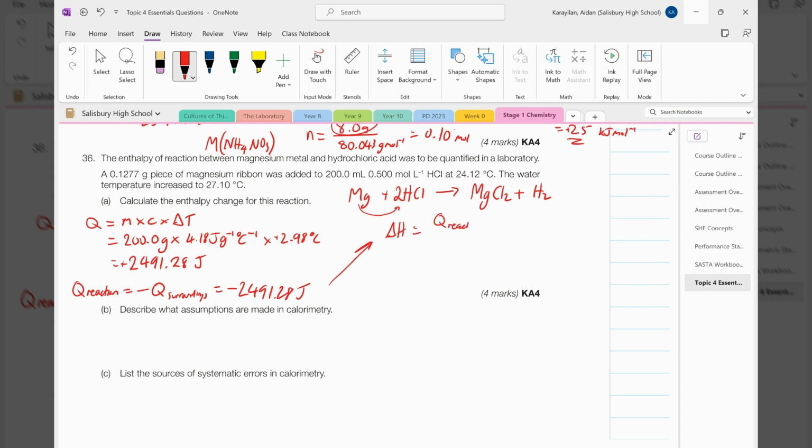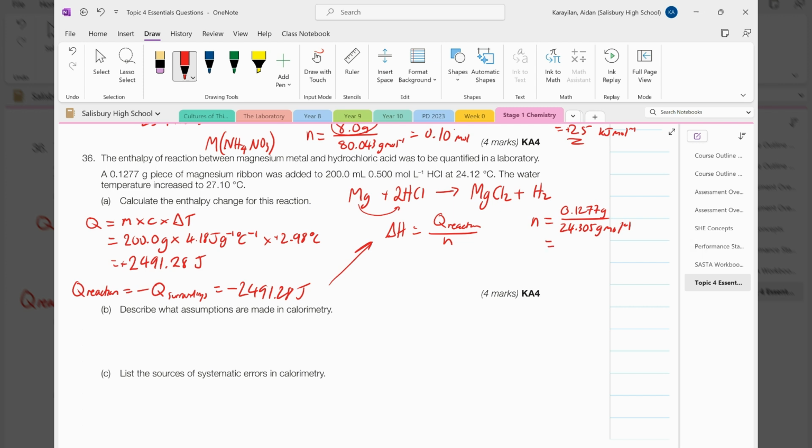Now the enthalpy change, like usual, delta H is equal to Q of our reaction divided by n, and our n is for our magnesium ribbon, which is mass, 0.1277 grams, divided by the molar mass of magnesium, which looking at the periodic table gives us 24.305 grams per mole.